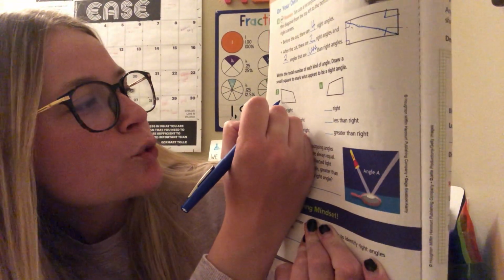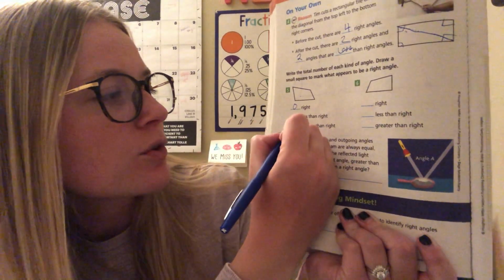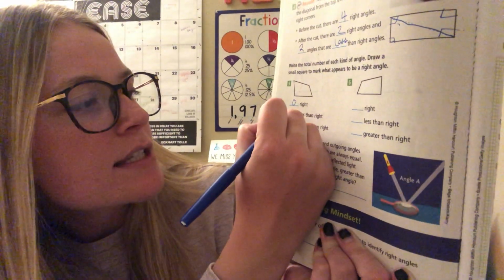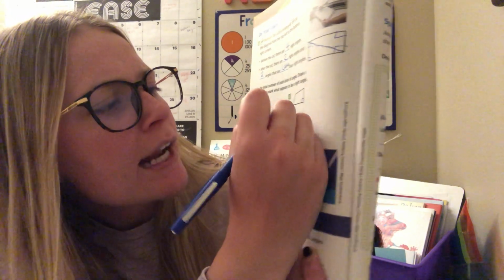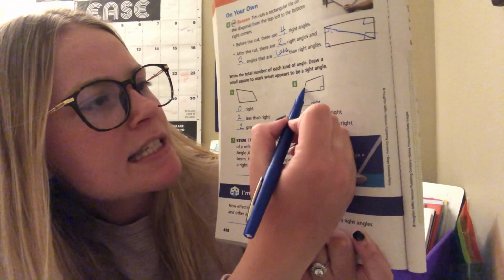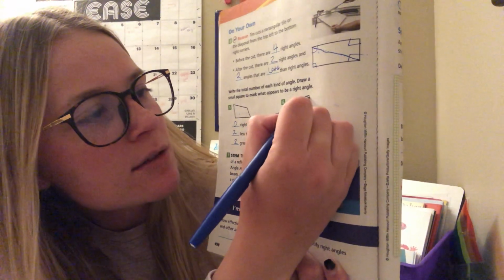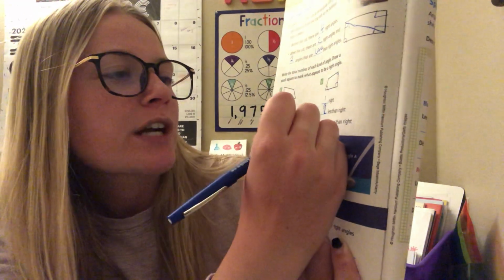This one is greater than, this one's greater than, so there's 2 greater than. I skipped the less than. And then there's 1, 2 that are less than. This one, number 6, that looks like a right angle, so there's 1. This is less, so that'd be 1 less than. Oh wait, no, this one's less too. So there's 2 less than and 1 greater than.